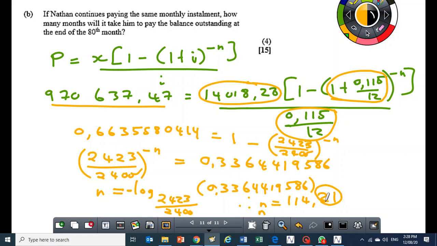So there are going to be 114 full payments, so it's 114 months plus a final month that the person has to pay off an amount which won't be equivalent to the monthly installment. So in my case, my answer here will be approximately 115.